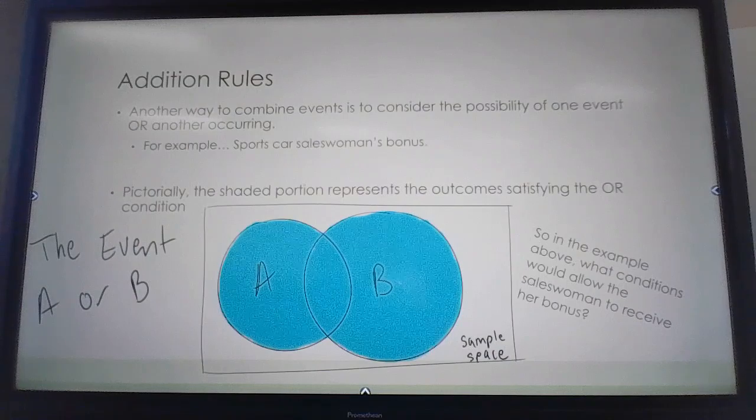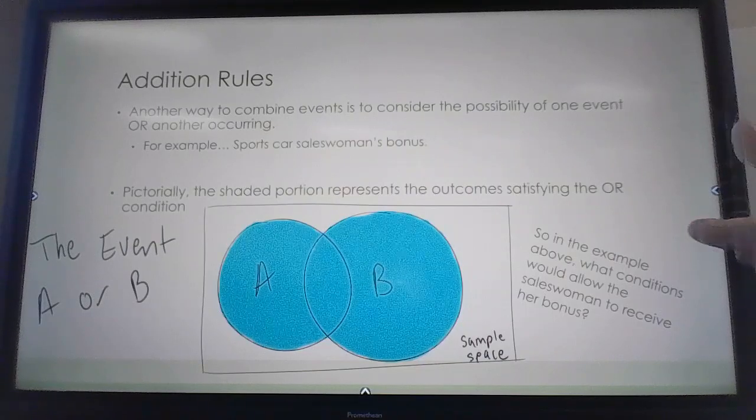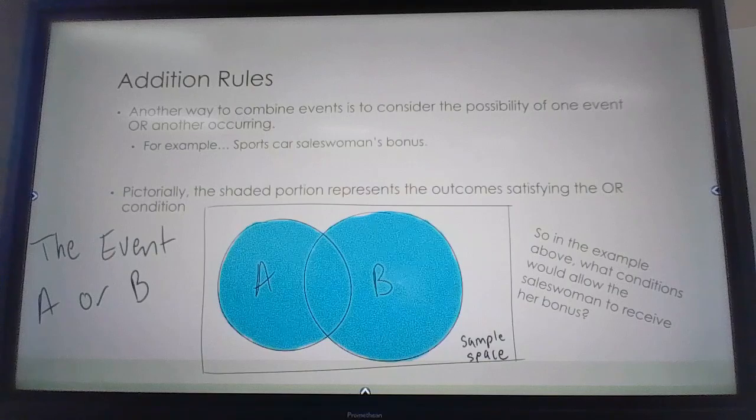But another way to combine events or to use compound events is to consider the possibility of one event or another event occurring, okay? Again, here's what this looks like. The shaded portion represents the outcome satisfying the OR condition.